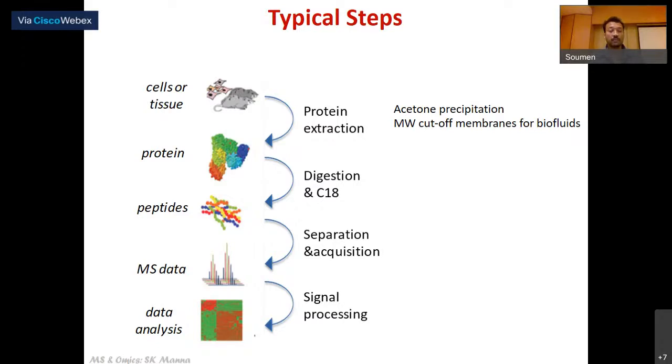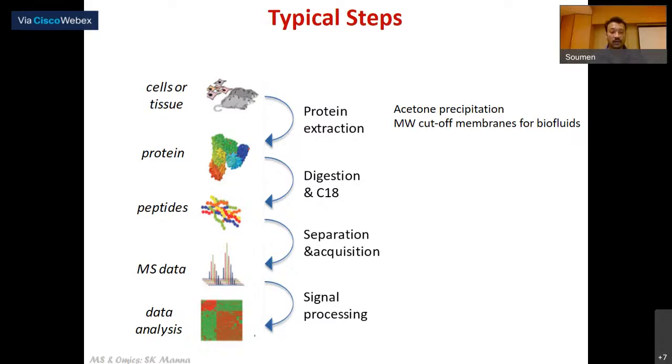Peptides you can analyze by mass spectrometry, and while doing that, we often combine that with some sort of chromatography technique, particularly in case of ESI-MS. In case of MALDI also, you can use LC to spot the MALDI plate, taking different fractions from an LC and spotting on different wells of the MALDI plate, and thereby do some separation.